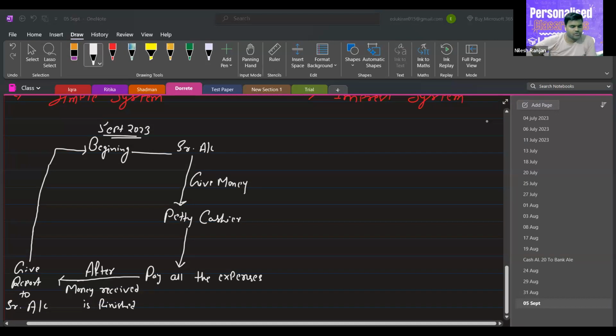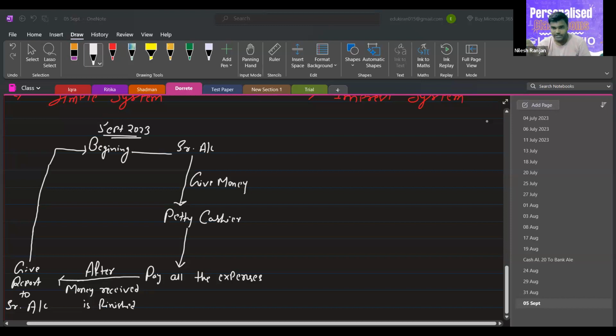Yes, sir. Okay, so I'm repeating this again. In the beginning of every period, the senior accountant will give some money to the petty cashier, and the petty cashier will do all the expenses during that specified period. After all the payment is done, his money is finished. He has no money left now.